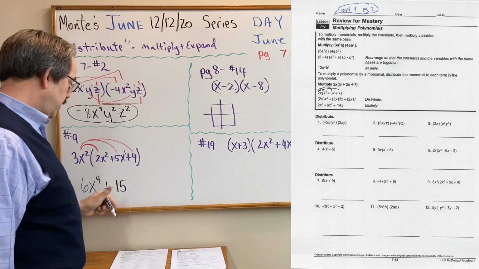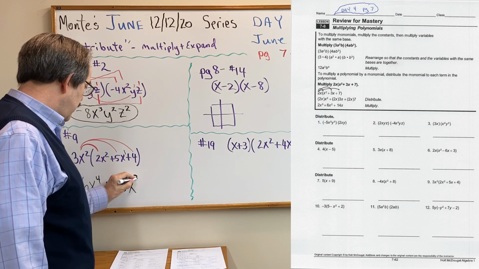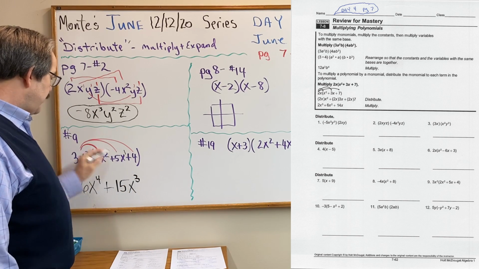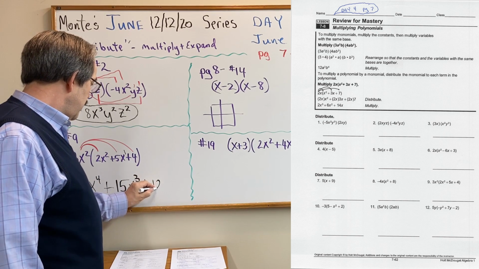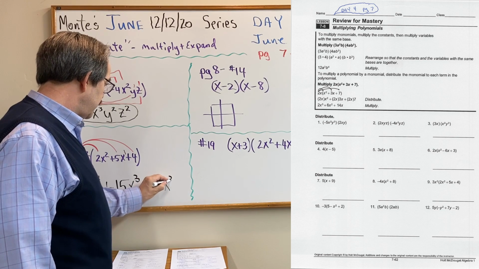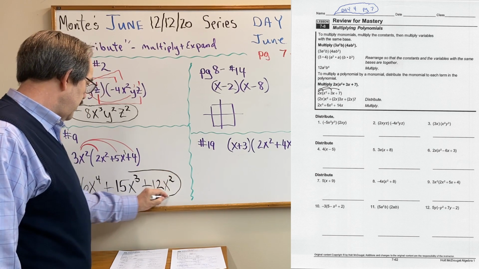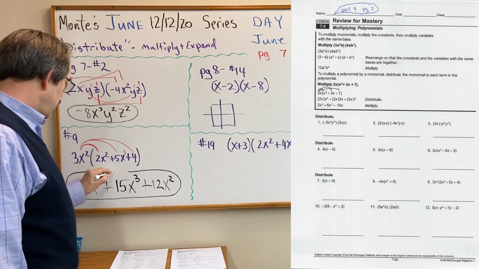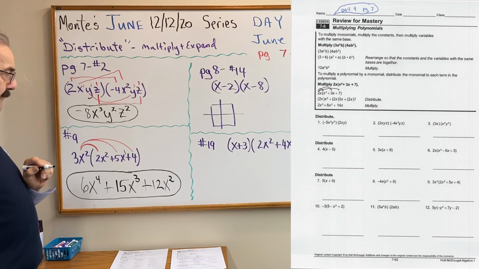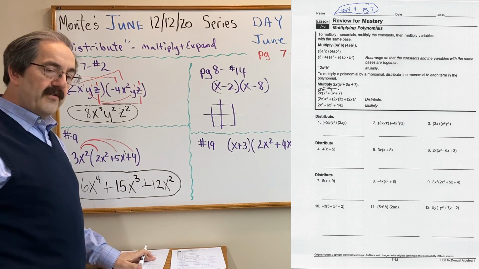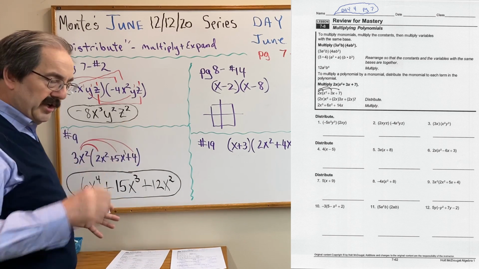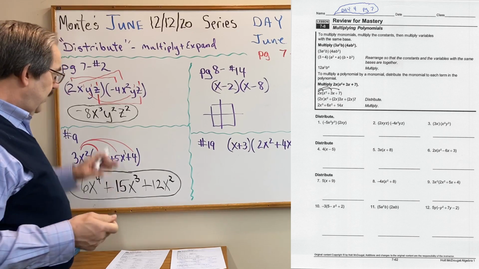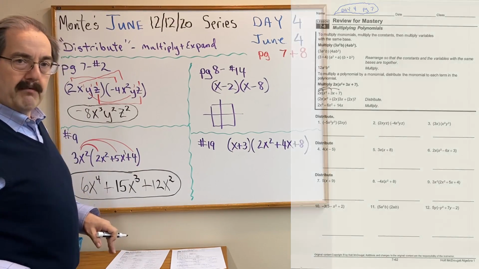The 2 and the 1 gives us x to the 3rd. And 3 times 4, 12x squared. All right? So make sure you try all of them on that page. Everyone's got a little twist to it, okay? As you saw, it takes a couple minutes a problem.